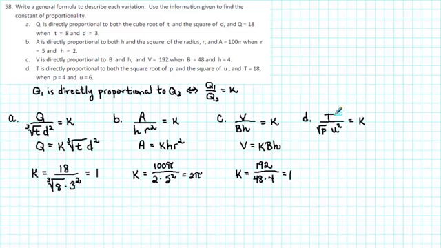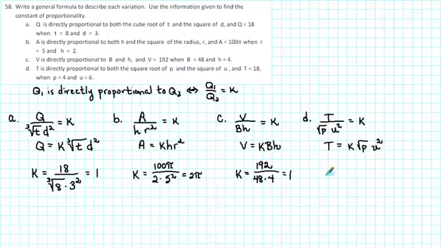We get t divided by the product of the square root of p and the square of u is equal to the constant of proportionality, k. In order to solve for t, we multiply both sides by the square root of p times the square of u.